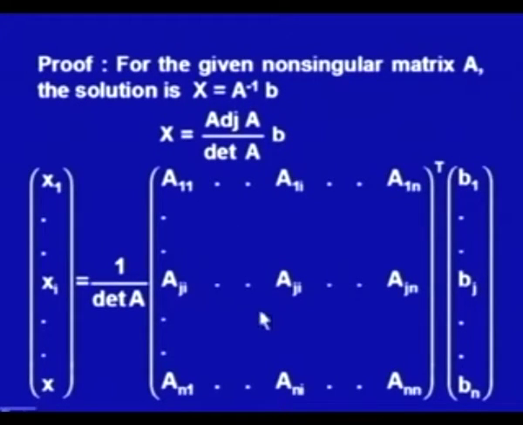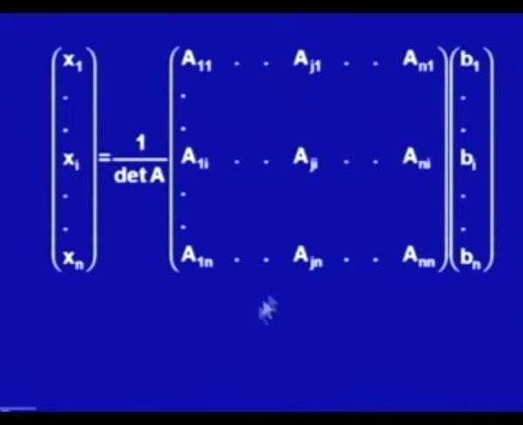So, let us simplify this. If I write down the transpose, then the columns become rows and rows become columns. So, this is the transpose matrix: A11, A1i, A1n are in the columns now, previously they were in rows, and Aj1, Aji, Ajn are now in columns, previously they were in rows.